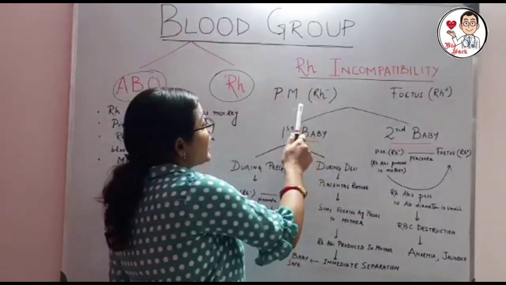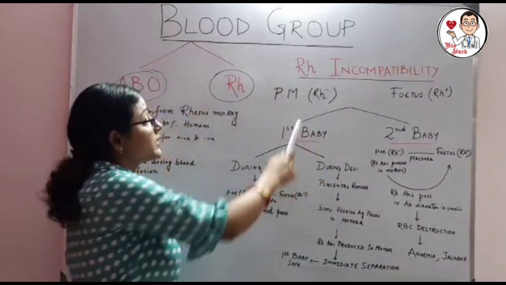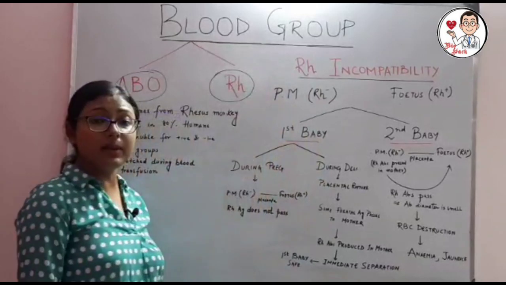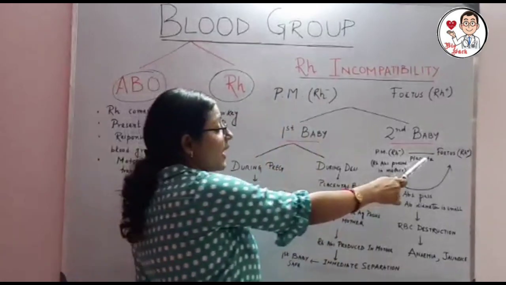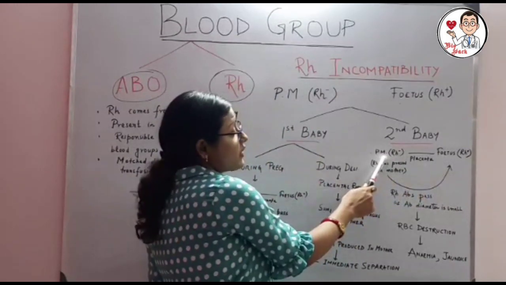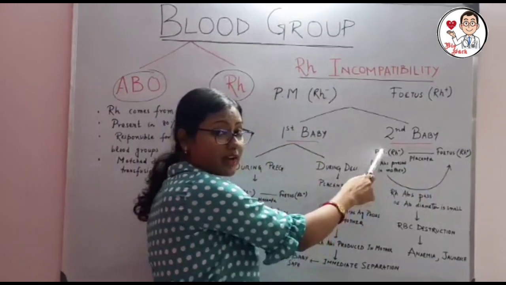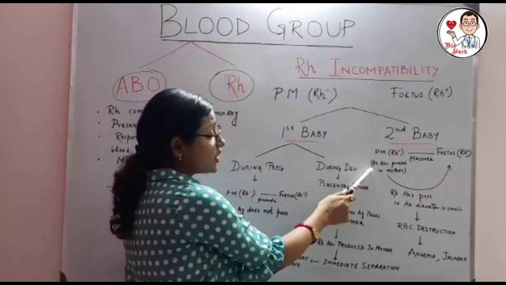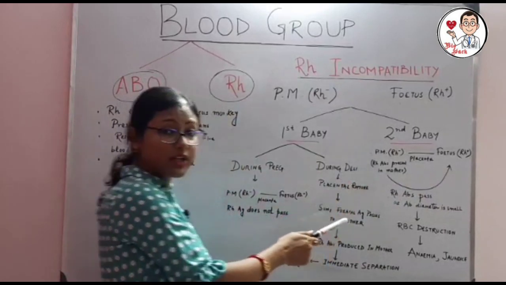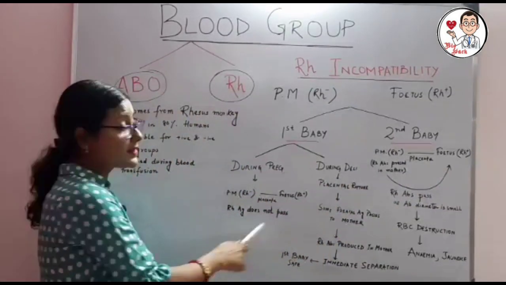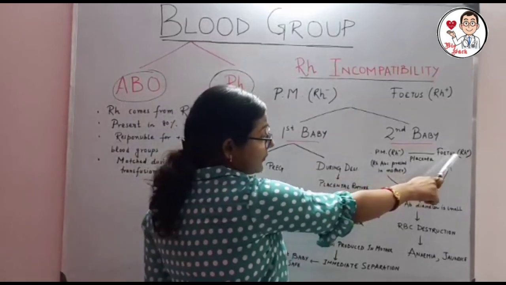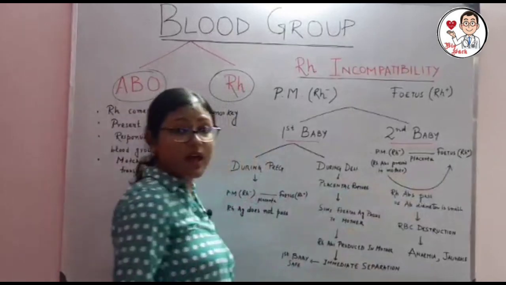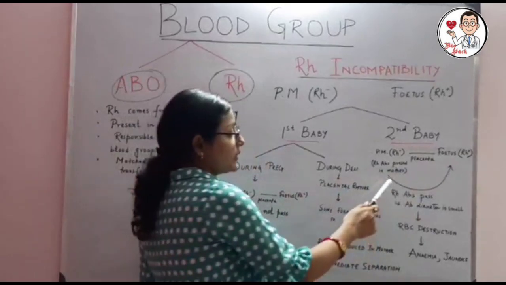Okay. Now, if the mother who is Rh negative is again pregnant with the second baby, second fetus who is Rh positive. Rh negative mother does not carry Rh antigen, but she is carrying the Rh antibodies from the previous case. Rh antibodies present in mother. Okay. And the fetus is Rh positive, carrying the Rh antigen. Now what happens?